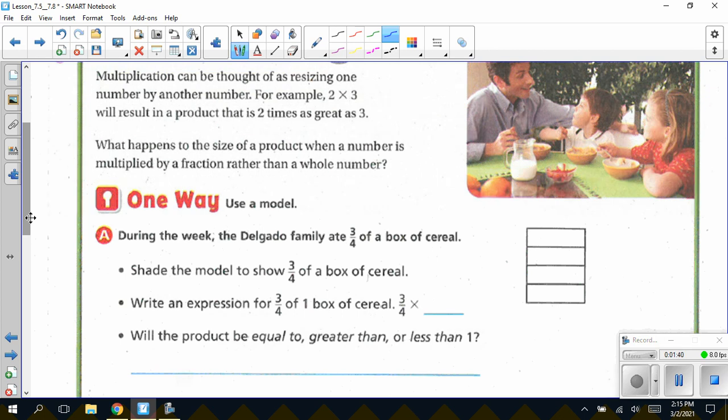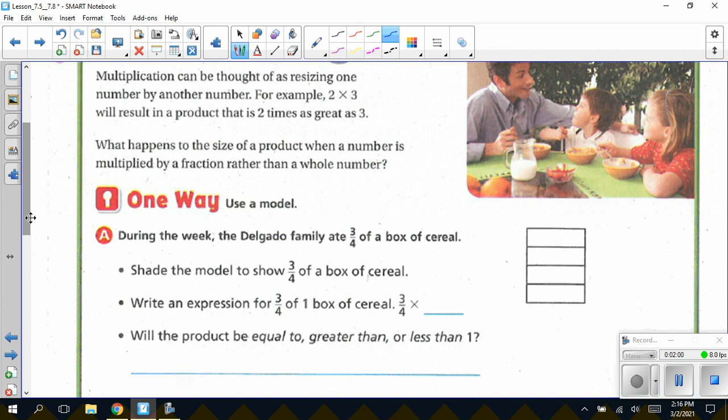For example, 2 times 3 will result in a product that is 2 times as great as 3. So I notice with this, if I am multiplying 2 times 3, my answer, which I know equals 6, is going to be greater than both factors.